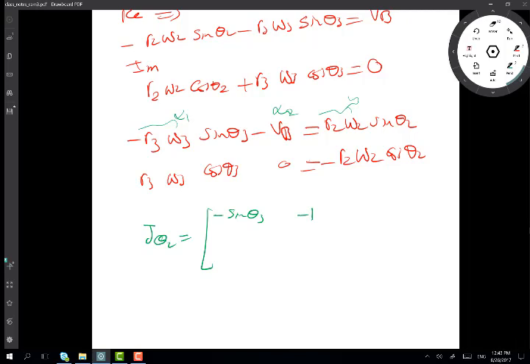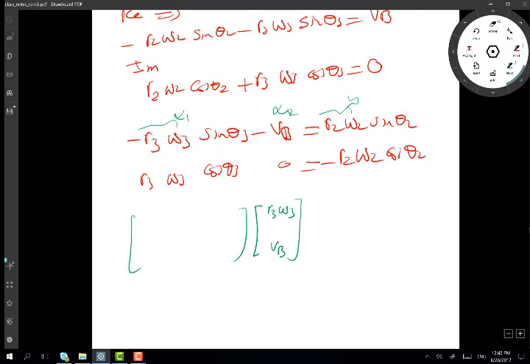Maybe I'll explain this quickly and do it in matrix form, and then people will follow what I'm doing. If I wanted to write a linear algebra equation, I have my unknowns R3 omega 3, that's my x1, and VB is my x2.